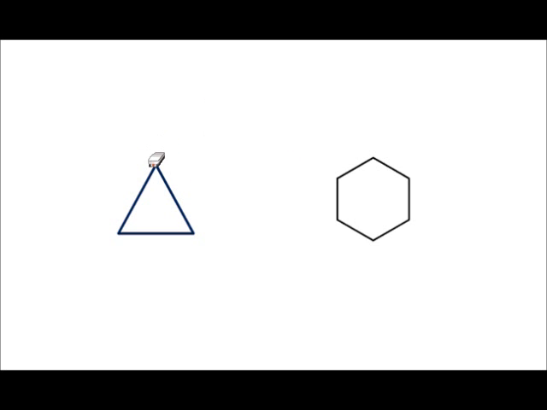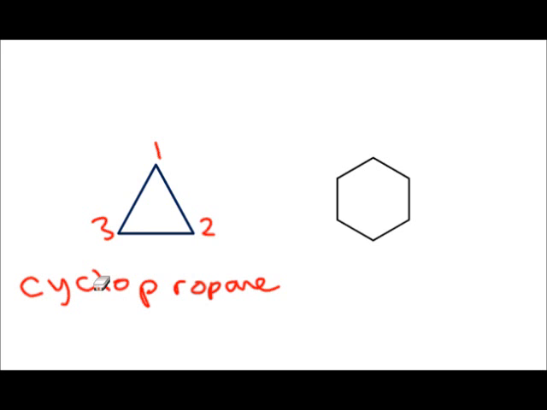So for example, in this first alkane here, we've got a ring containing 1, 2, 3 carbons. So the stem for 3 will be prop. So this example is going to be propane. Now, because it's a cyclic alkane and the carbons are arranged in a ring, we add the prefix cyclo. So the full name for this alkane will be cyclopropane.